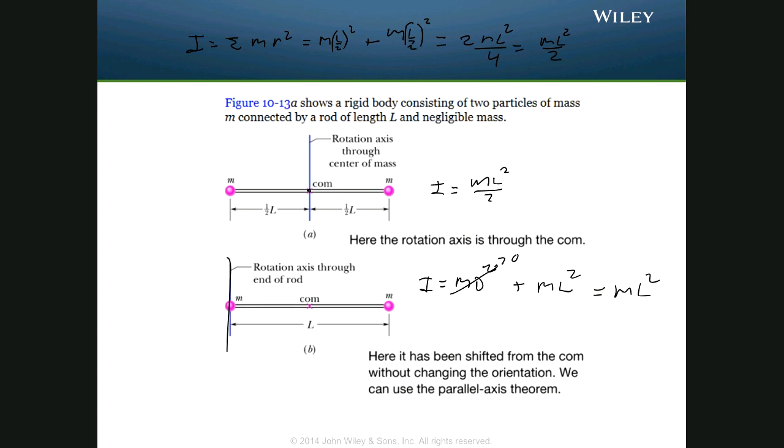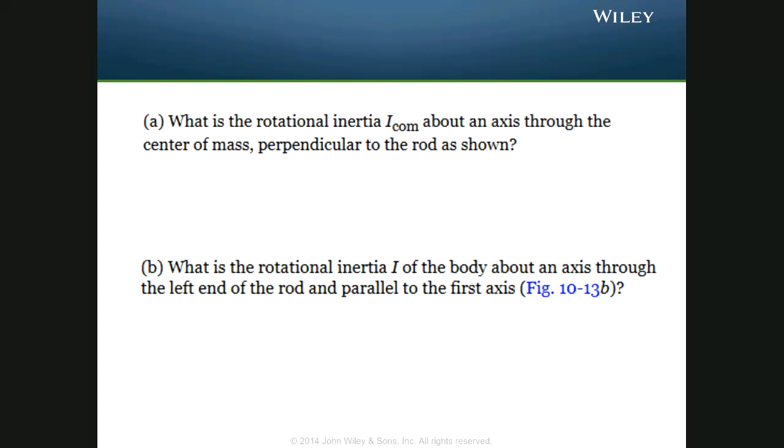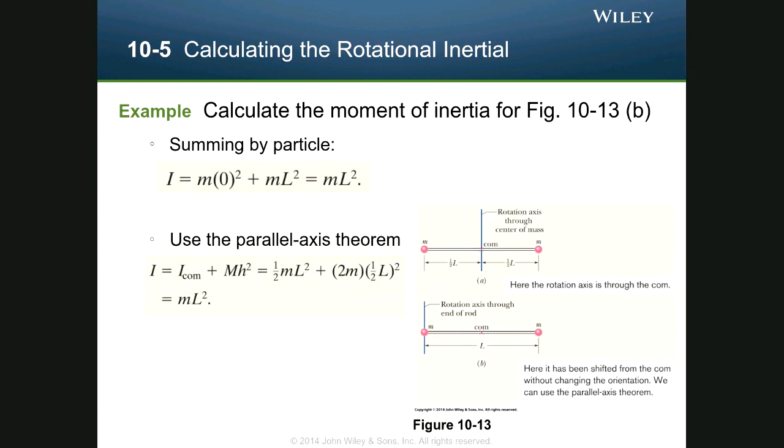So what we've done here is essentially we've looked at solving these by definition, right? The center of mass one was easy, and to be honest, this one was easy too. But we want to check and make sure that the parallel axis theorem makes sense. Okay? So you'll notice here, as we look through our example, we have that by particle, we get m L squared just like we did before.